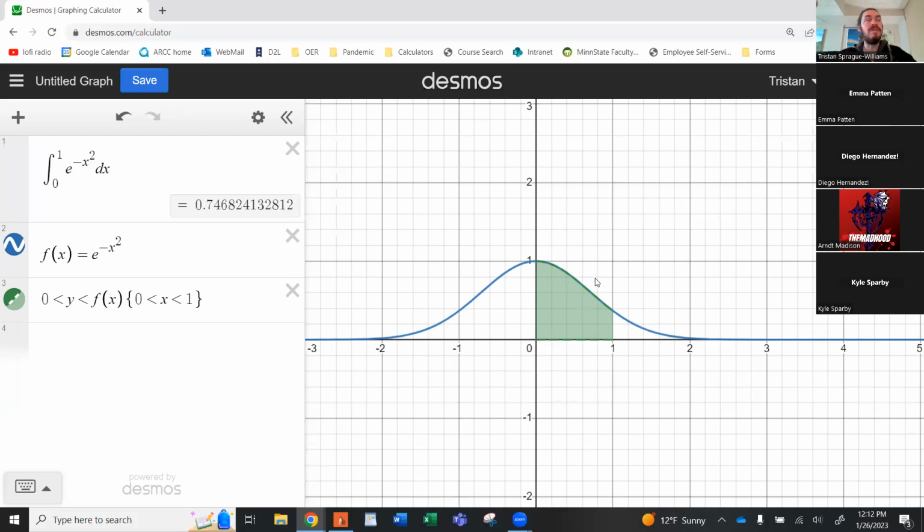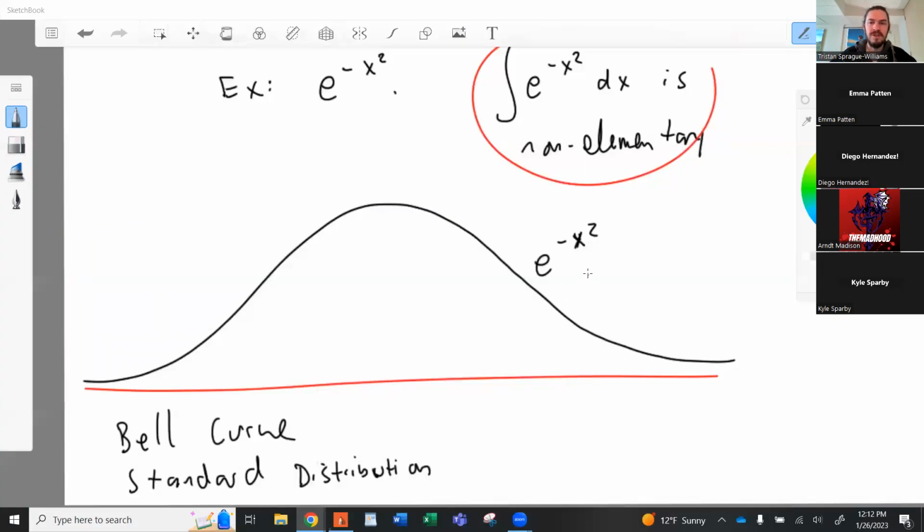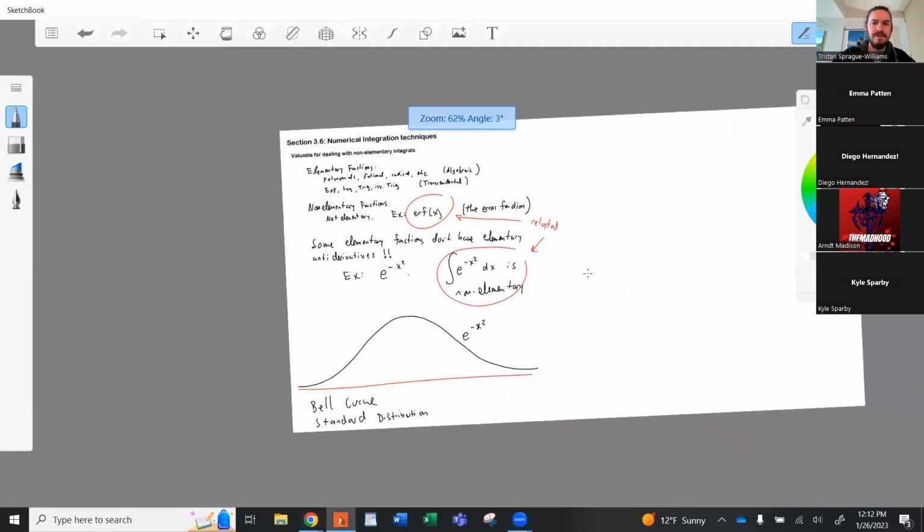So all this stuff about probabilities comes back to integrating the bell curve function, which is defined using this non-elementary integral, right? That's why this one in particular is really important, because it's crucial to probability and statistics.